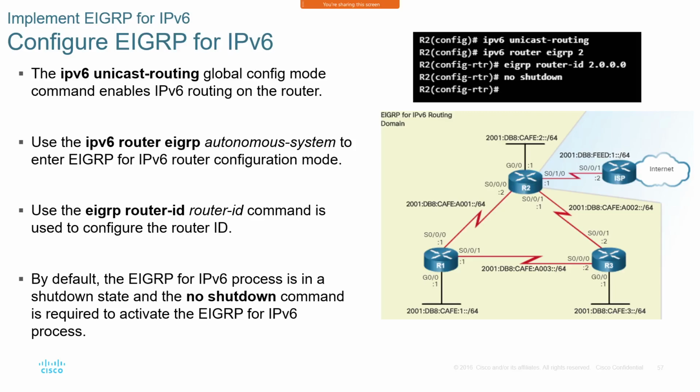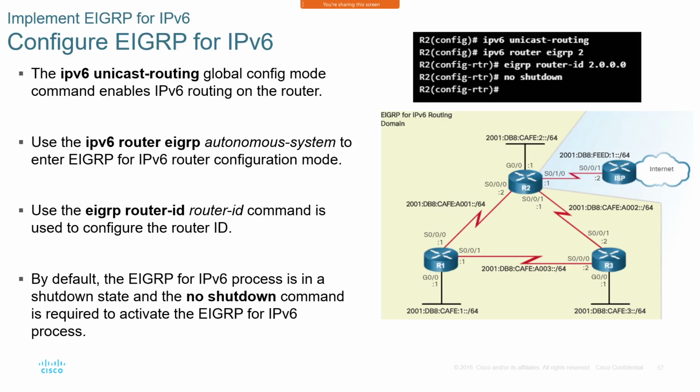If you guys remember, when we were doing EIGRP for IPv4, this step was actually optional, because when we have IPv4 networks, a router can assign itself an IPv4 address to be the router ID. Now, when we only have IPv6 addresses, the router is not able to do that.